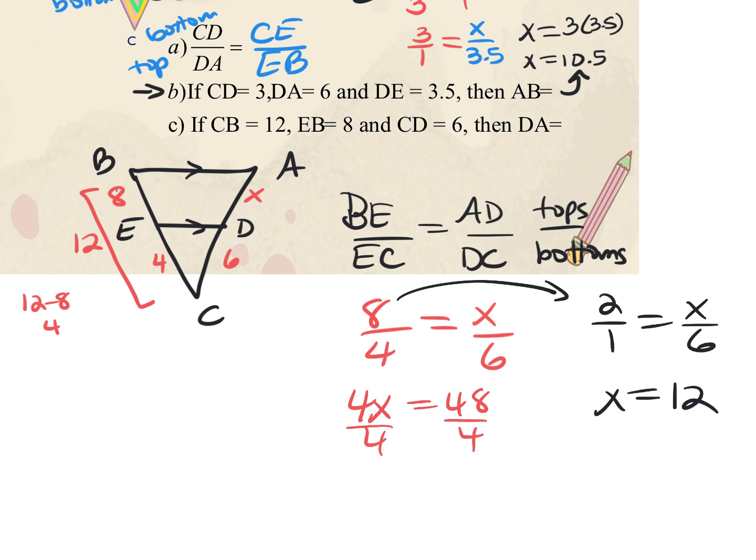Divide by 4, and x equals 12. Notice it's the same answer either way. So DA here is equal to 12. This one, I applied my proportionality theorem. And the reason why I can set up my proportion this way is because those two sides were parallel.